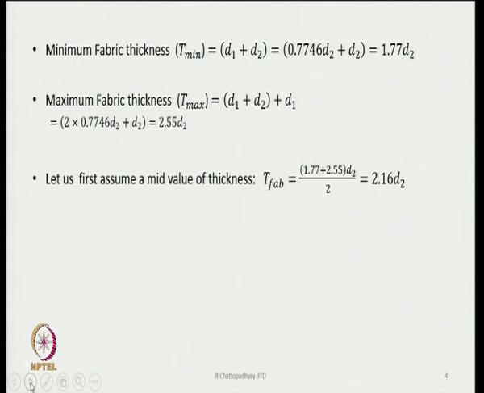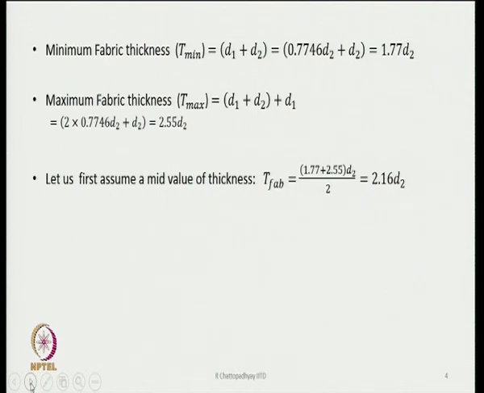Let us assume a mid value of thickness to start with, because we do not know how much the compression is going to be, what the final exact thickness value of the yarns is going to be.